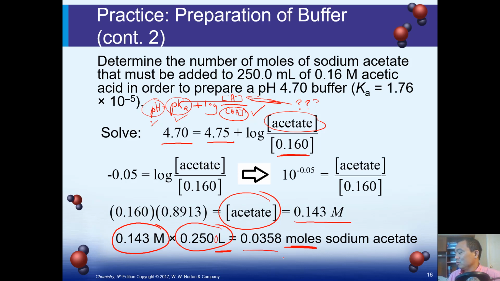This gives you 0.0358 moles of sodium acetate. In the lab, you can figure out how many grams of sodium acetate you have. The moles times molar mass will give you the number of grams of sodium acetate that you need. Then you can measure it out on the balance, dissolve it into this solution, and make a buffer.